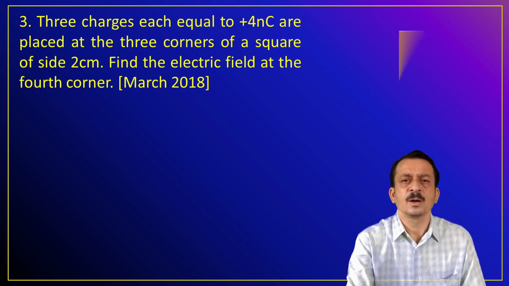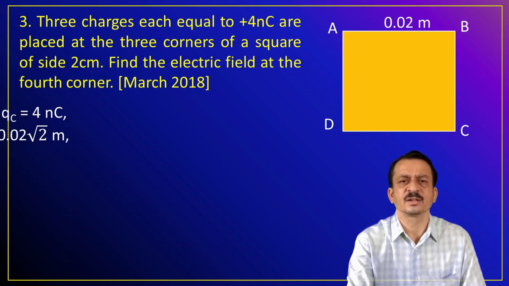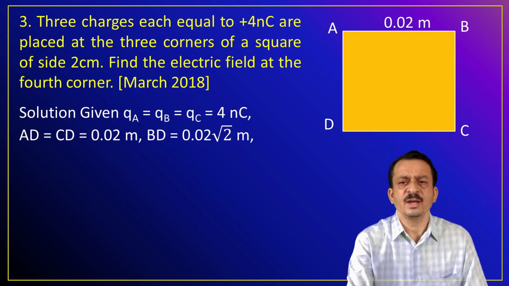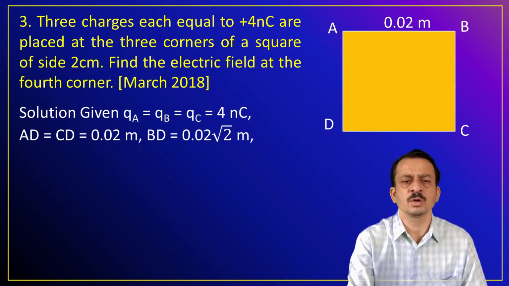Okay. Now we have a square. At the three corners A, B and C we have charges, and D is the fourth corner. They are separated by a distance of 0.02 meter. At A, B, C we place three charges of equal magnitude, 4 nanocoulomb each.